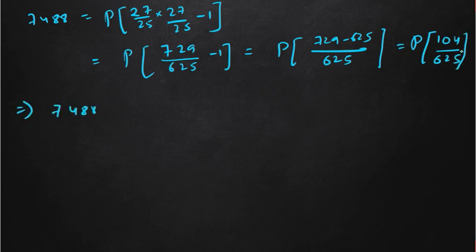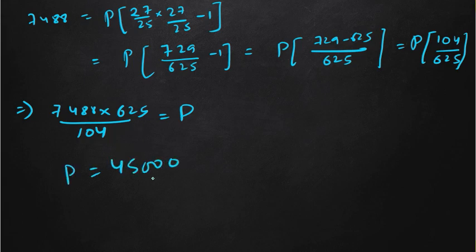So what will now be P? P will be 7488 into 625 divided by 104. 625 was in division, so if you change the side, it will get multiplied. And 104 was in multiplication, so if you change the side, it will get divided. So we have to multiply by 625 and divide by 104.